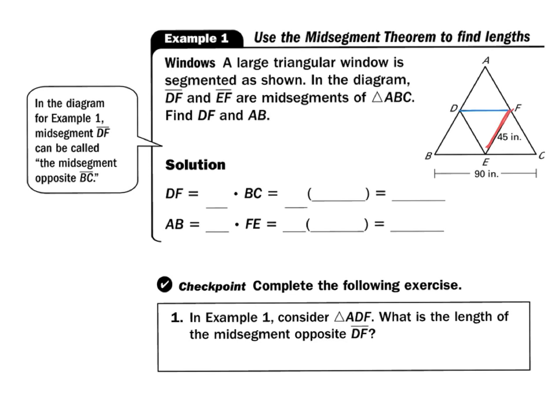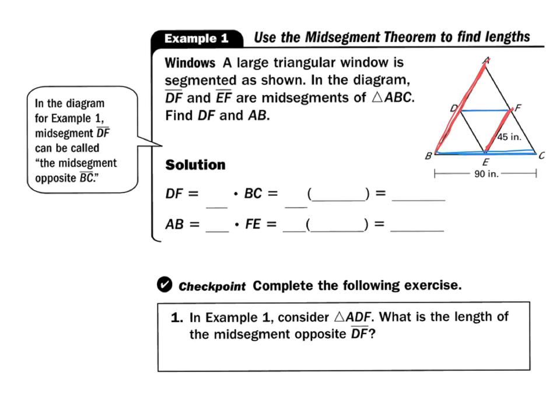So notice that AB should be twice as long as the midsegment FE. So this is a pair. And DF, I don't know its length, but that should be half as long as the blue line BC. That's just based on what I know about the midsegment theorem and what's given in the question.